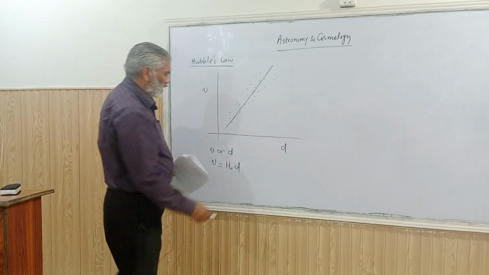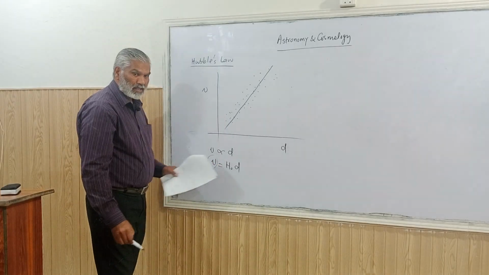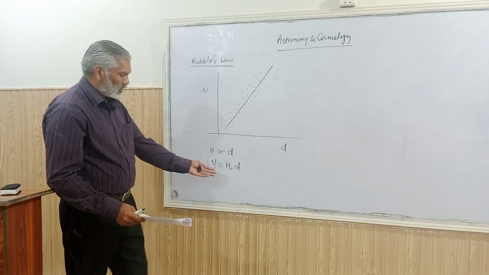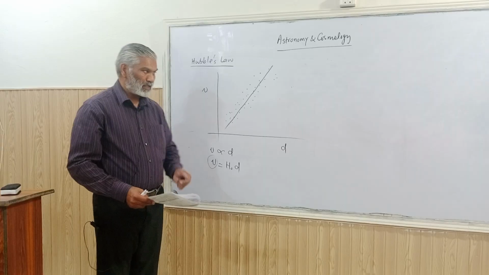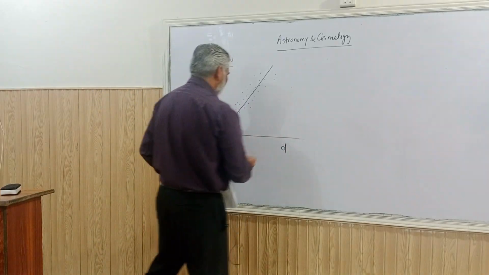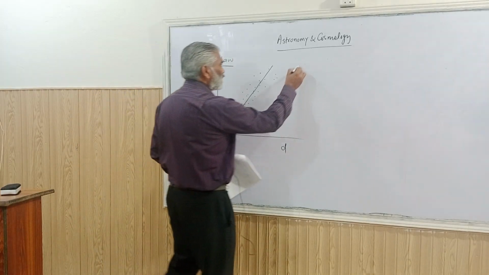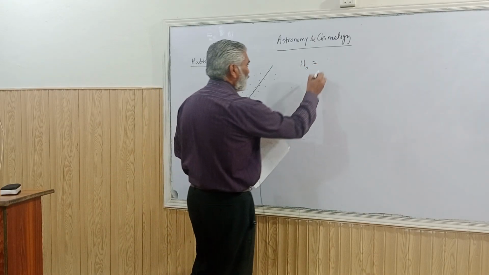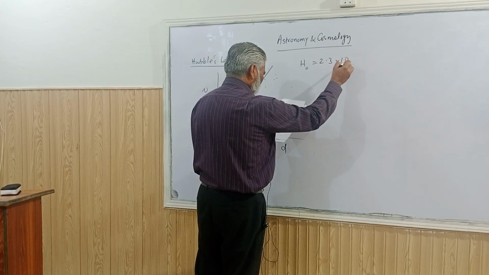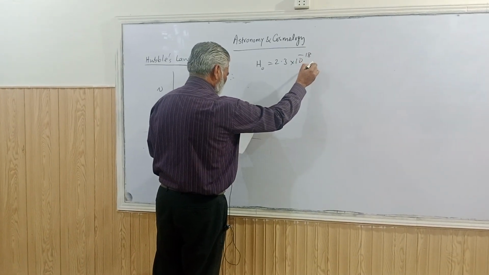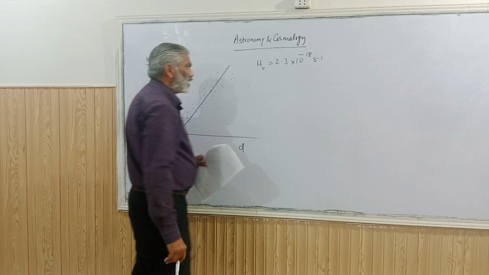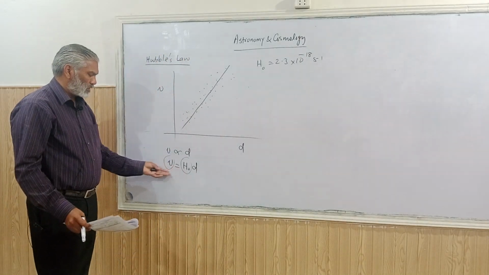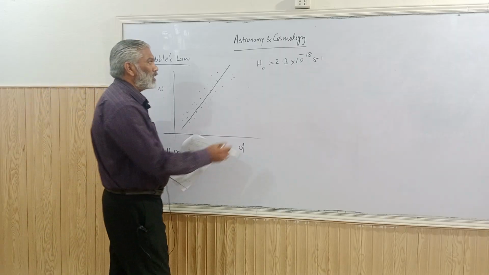So let's say it is the same speed we have just calculated, 6.8 into 10 raised to power 5, and I want to know the distance of that star from us. The Hubble constant is nearly equal to 2.3 into 10 raised to the power minus 18, calculated in second minus 1, and you can easily predict its units from this equation.